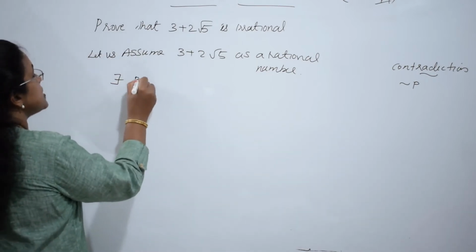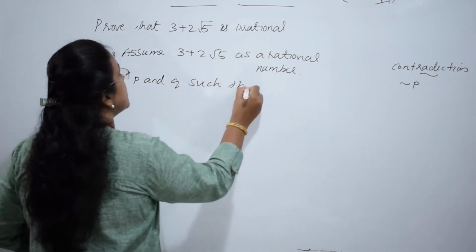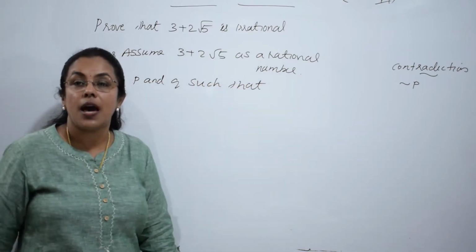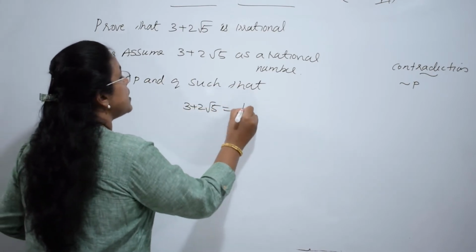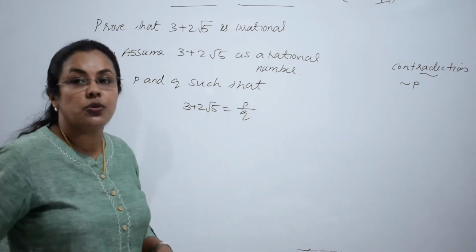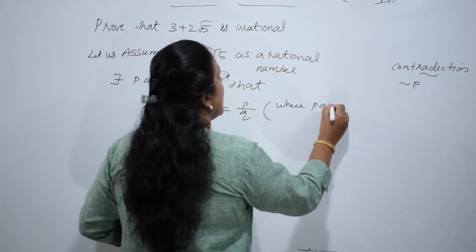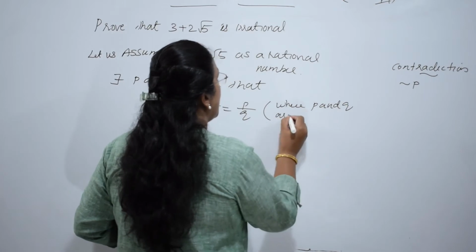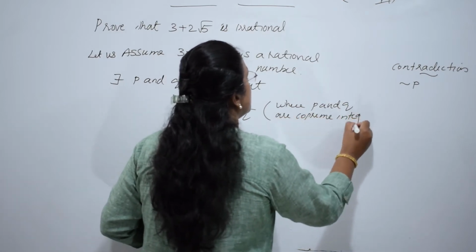Therefore, there exists p and q such that 3 plus 2 root 5 is equal to p by q, where p and q are coprime integers.